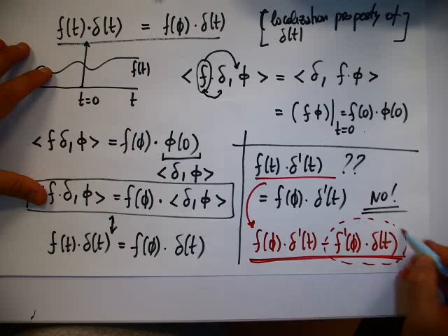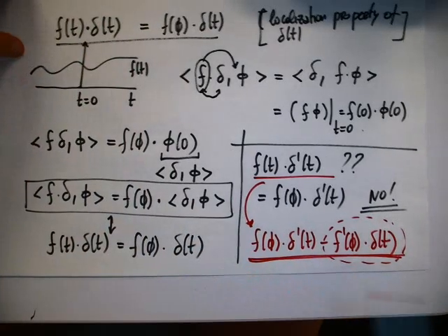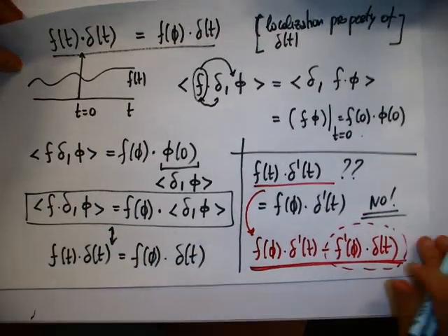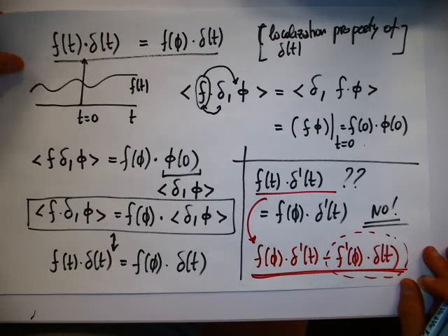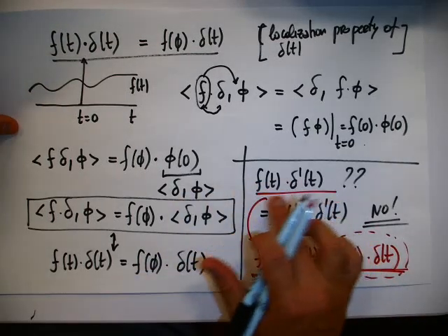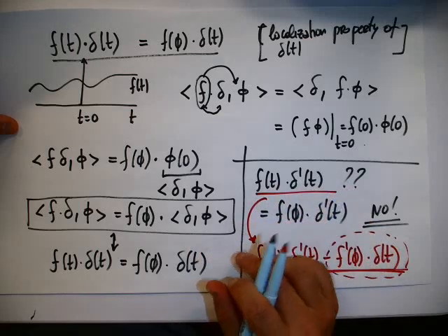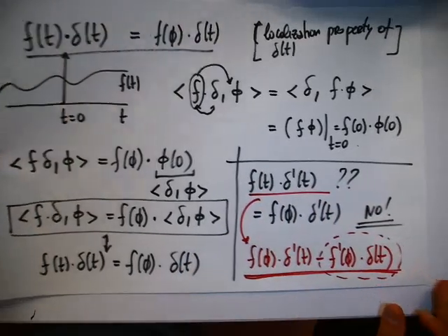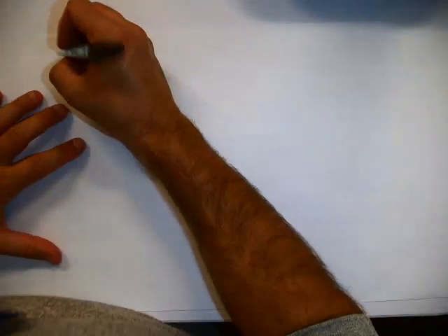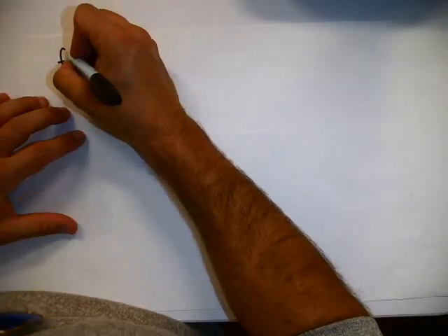So let's see if we can derive it using distributions, because we know how to manipulate the product of a regular function and a singular function. This is well defined in the sense of distributions. So we want to show f(t) times delta prime(t).